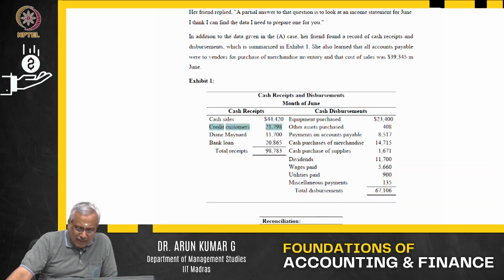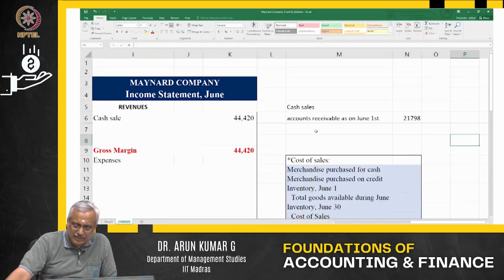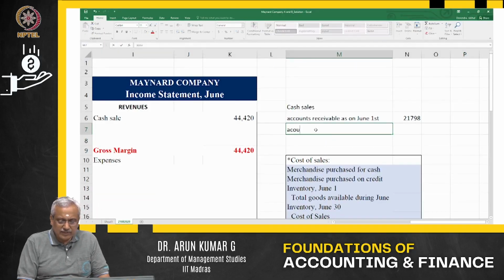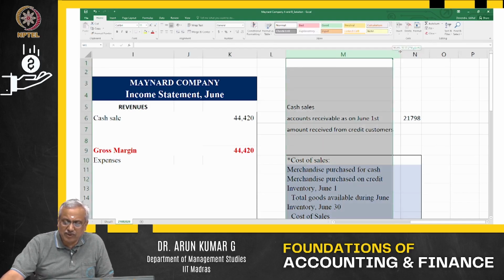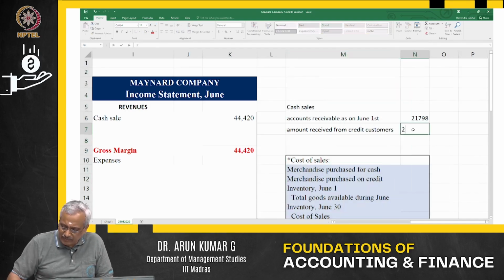What is the money that is received from credit customers? This is the money, 21,798, received from customers. Amount received from credit customers. What is the amount received from credit customers? The amount received from credit customers is 21,798.